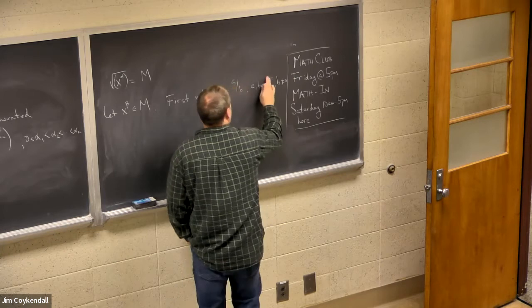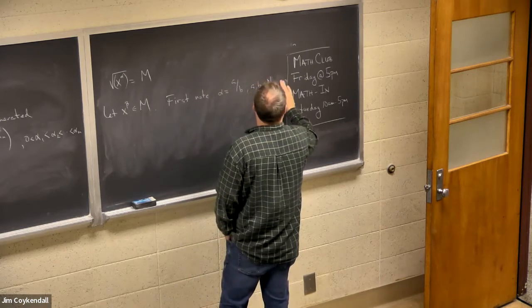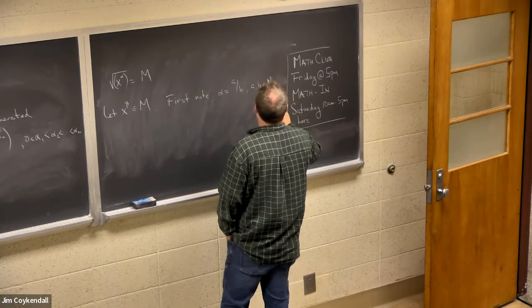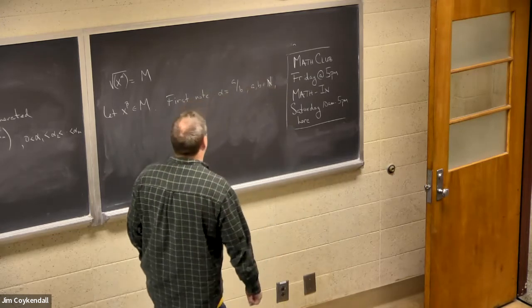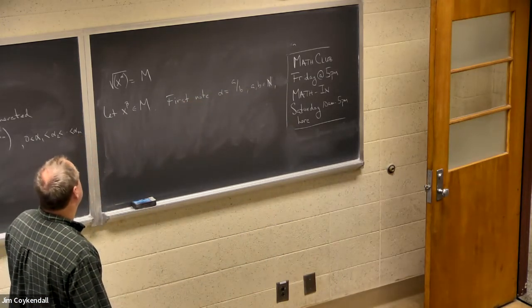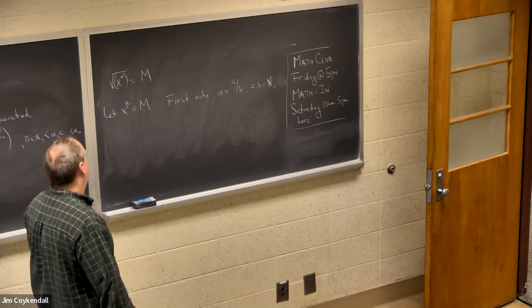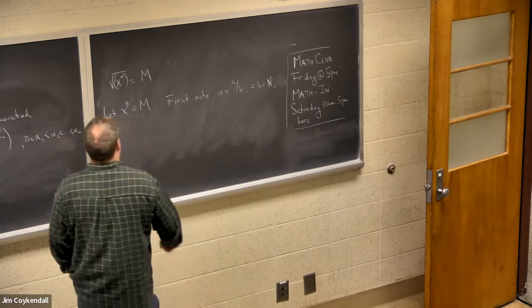Well, actually, A and B are in the natural numbers. That's a little bit better. Right.